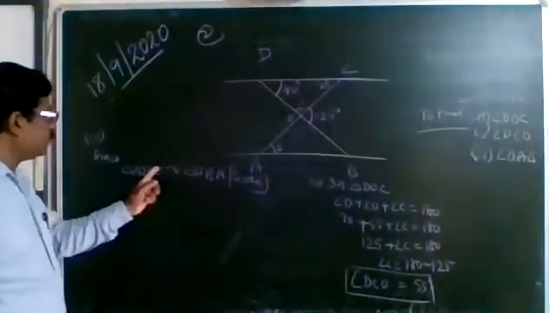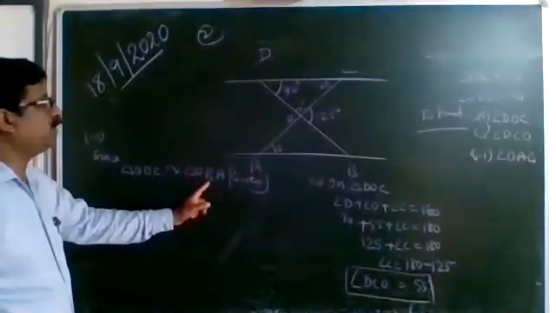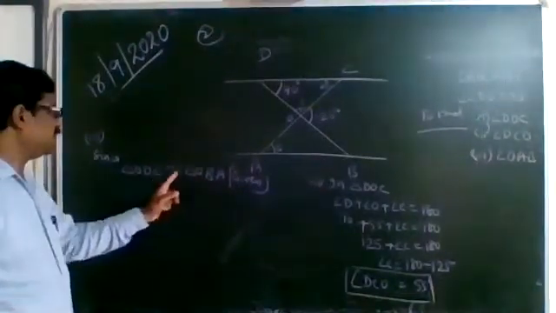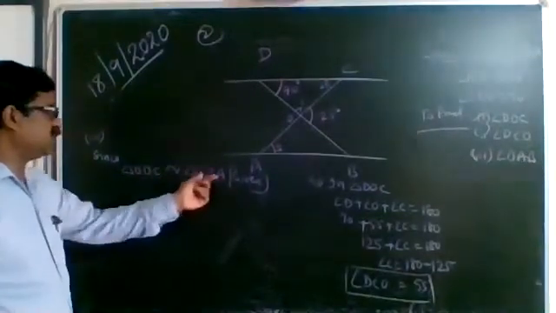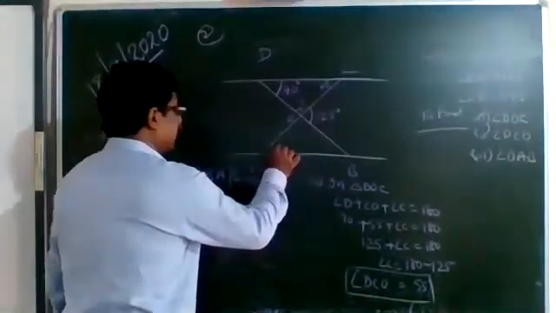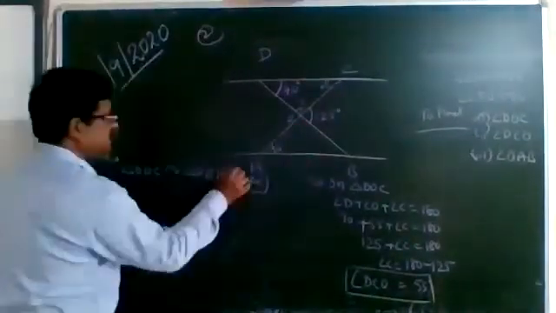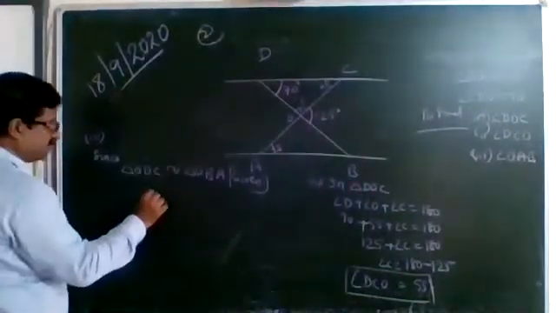That means angle O will be equal to angle O, angle B will be equal to angle B, and angle C will be equal to angle A. Angle C of ODC will be equal to angle A of OBA. The A of OBA is 3, and C is 2.